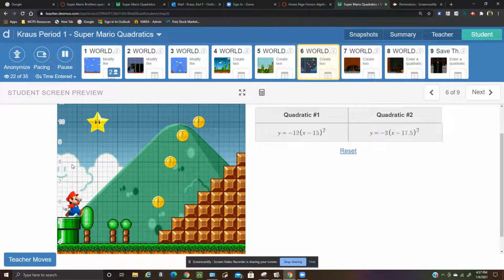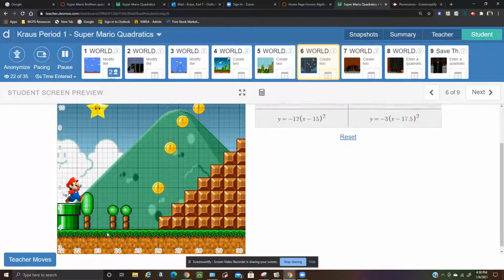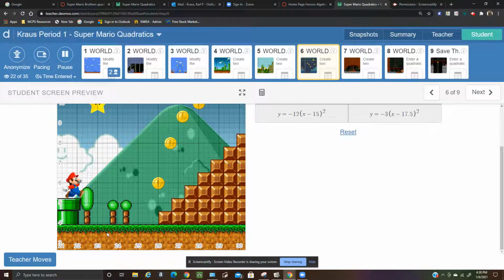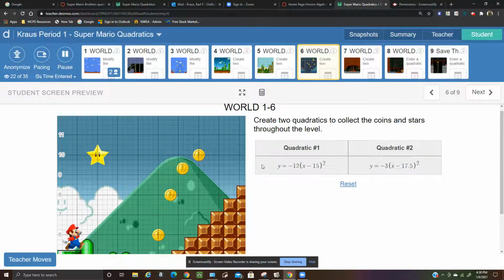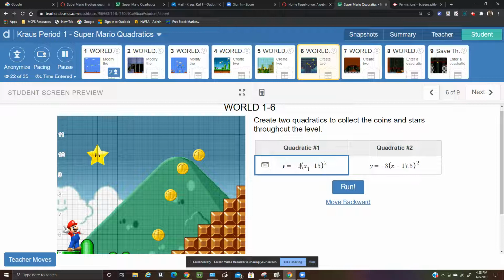All right, so the first parabola, you want to go through 10, 2310. Reset this. Vertex at 2310. And narrow.